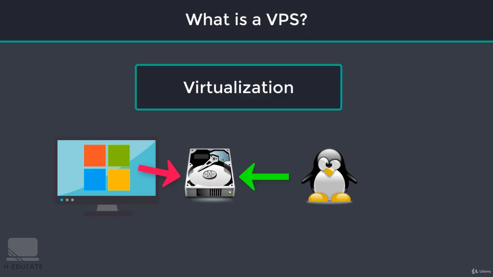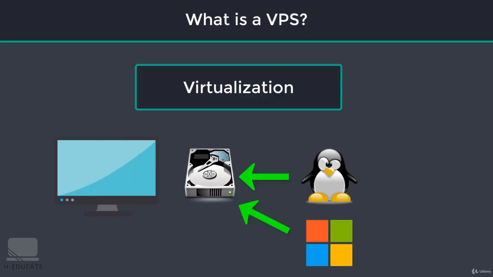But now, with virtualization, what we can do is to install multiple operating systems on the same physical hardware. So you can boot multiple operating systems together simultaneously. Awesome, huh?